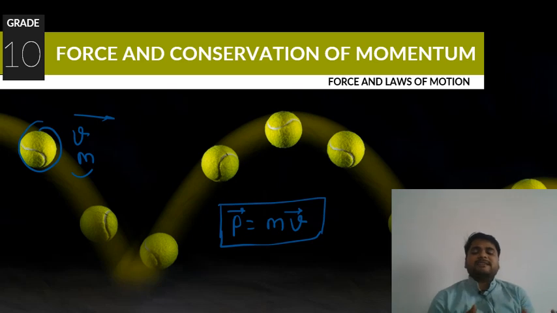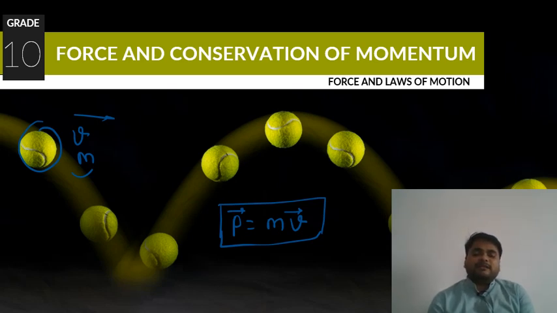As velocity is a vector quantity and mass is a scalar quantity, when we multiply mass into velocity, we get a vector quantity. So we can say that momentum is also a vector quantity. If an object with mass m is moving with certain velocity, then the momentum of the object will be m times v.